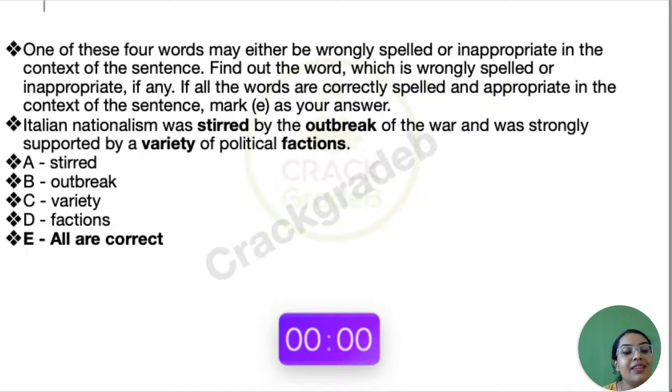If you don't know what exactly a faction is, definitely you will think that is a wrong word. Faction is a group of people who have the same kind of thought or belief, especially in politics, in political world. Okay, if there is a group and they're usually small group and they believe and their doctrine is same, that's what is a faction. So we are talking about political factions. Nothing is wrong. All are correct.